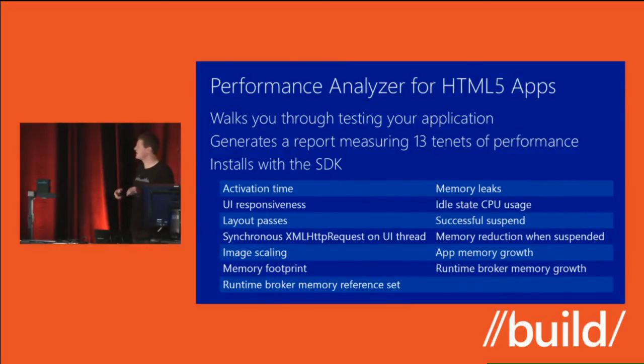They identified these as the major pain points. It says step 1, do this, step 2, do this, step 3, do this, and then it gives you a report on these different things.